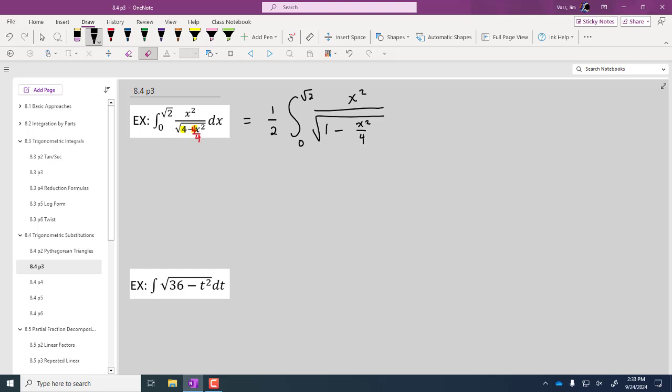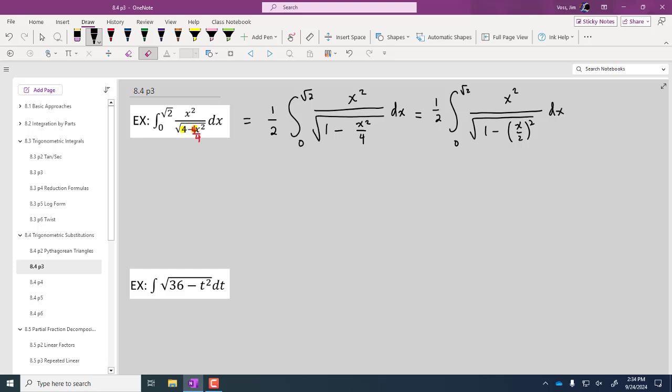Okay. Now our goal is to have a difference of squares in this denominator. And we're not quite there. We've got one more step before we have a difference of squares. So to make it a difference of squares, this step you're going to often just do in your head, we're going to write this as x divided by 2 quantity squared.